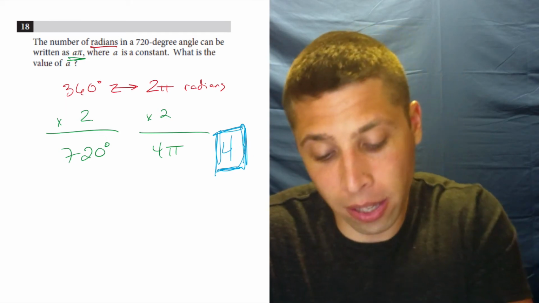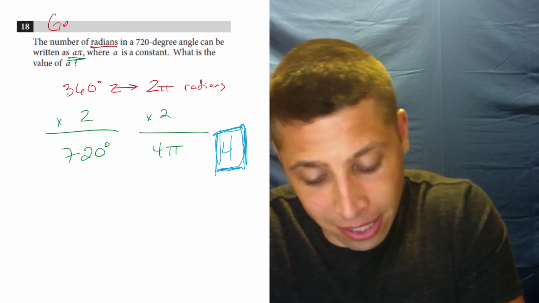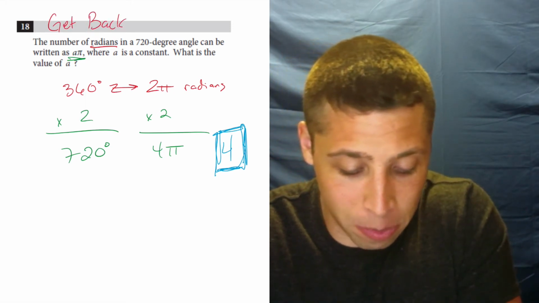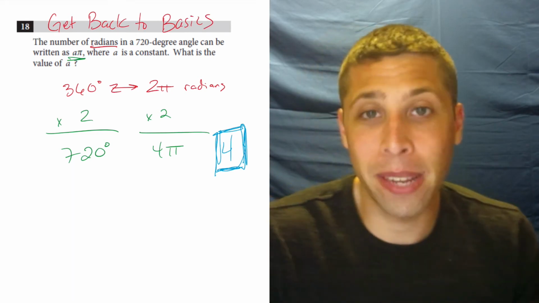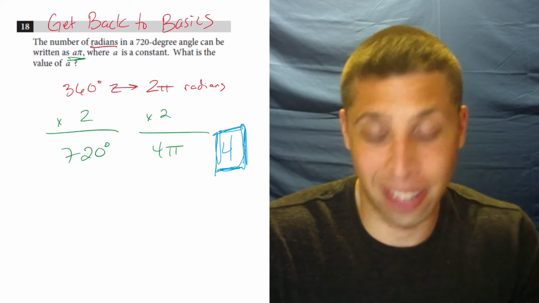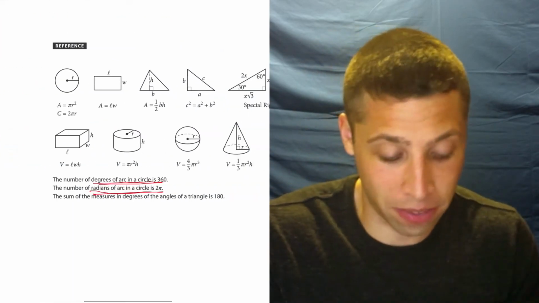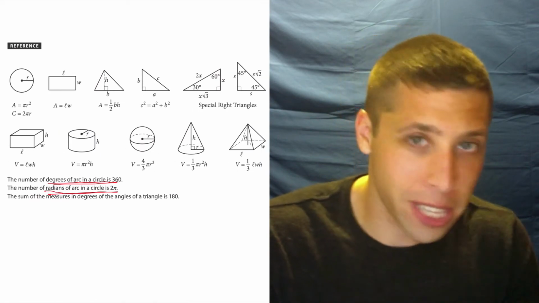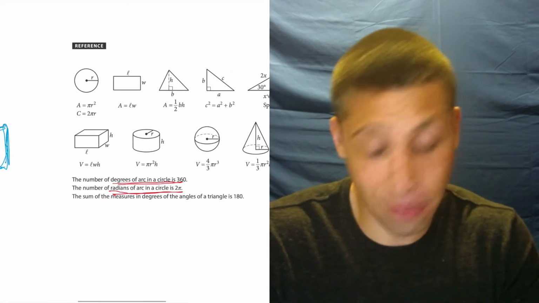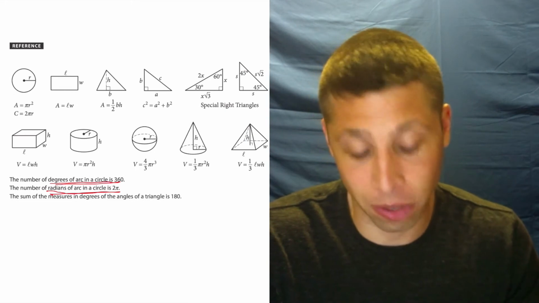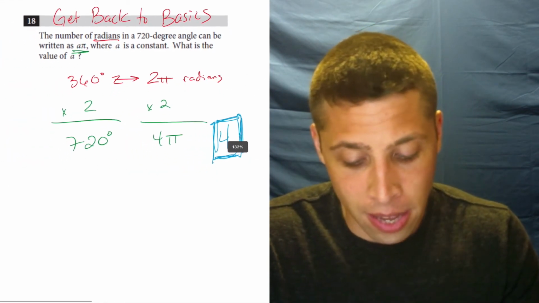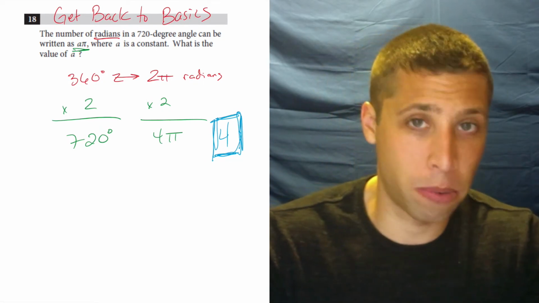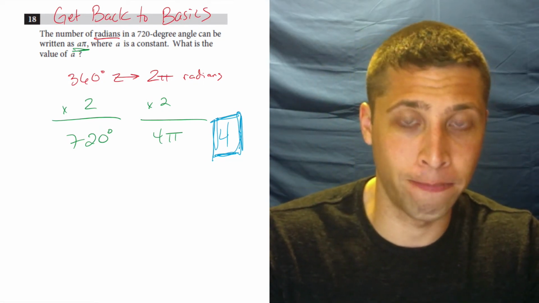It's not really a strategy, I guess, in this particular case, because they just give you the information, but getting back to basics is a good thing. There's some basic geometry stuff that they just give you. Remember that that's there, check there, that might save you. It's not going to save you on every geometry question, but it certainly could, and it would have saved us here.